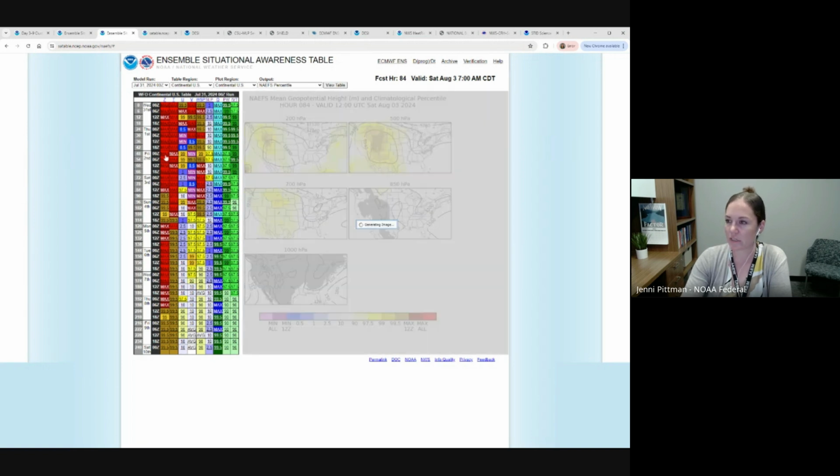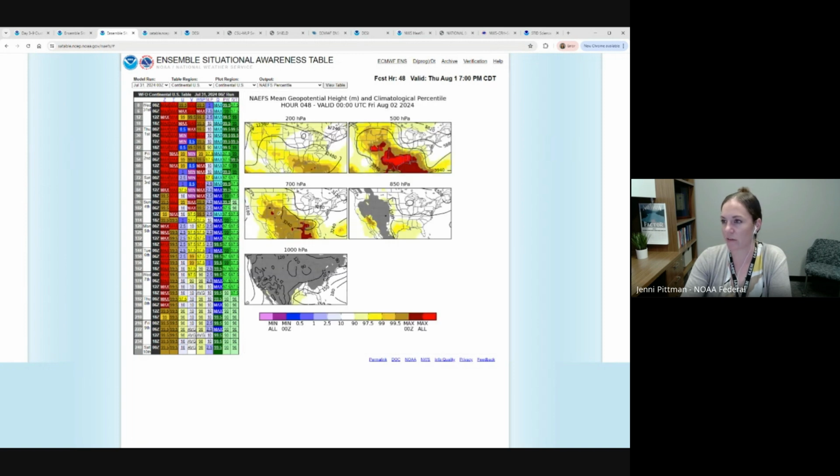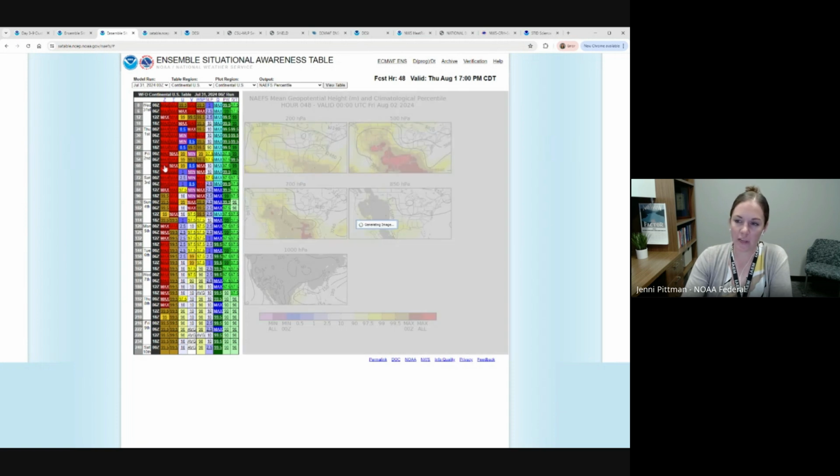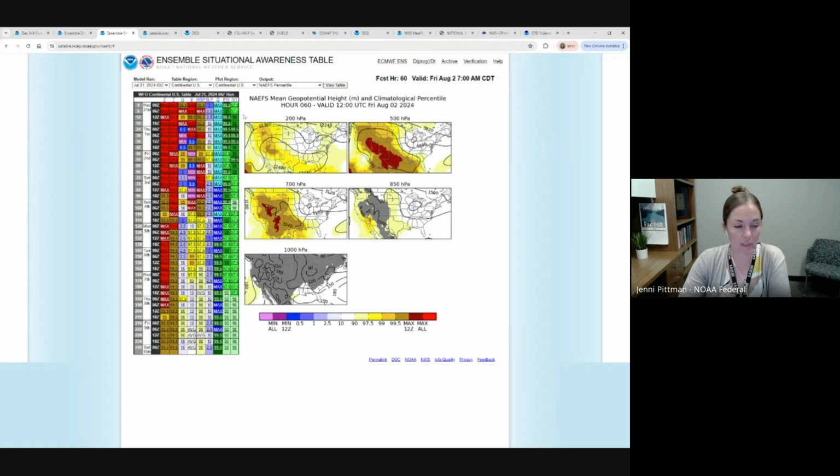But if you go backwards in time a little bit, you'll see those max values be more in the CONUS, especially early into the weekend, like on Friday. So this is another good way, if you're not kind of conditioned to looking at some of the standardized anomalies, that the percentiles can help too.